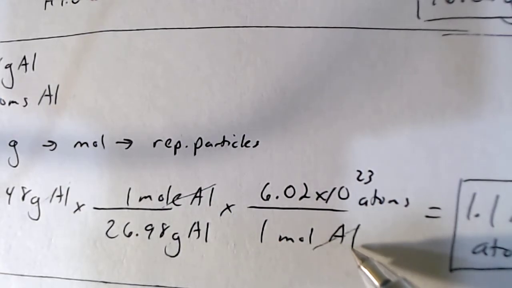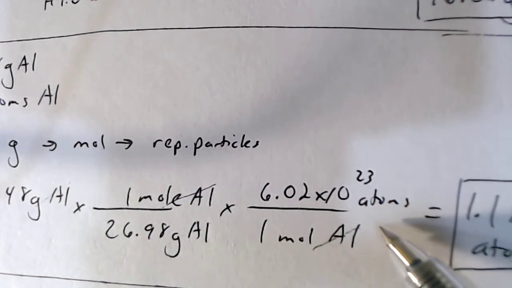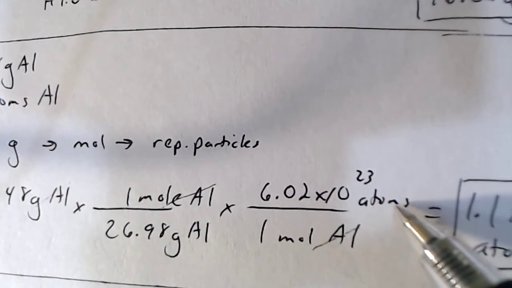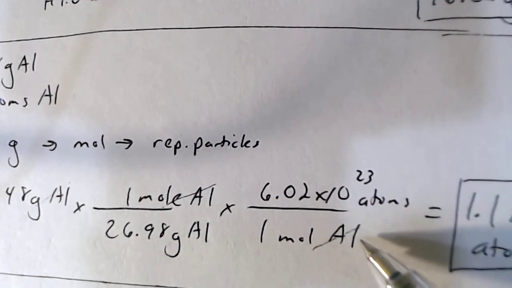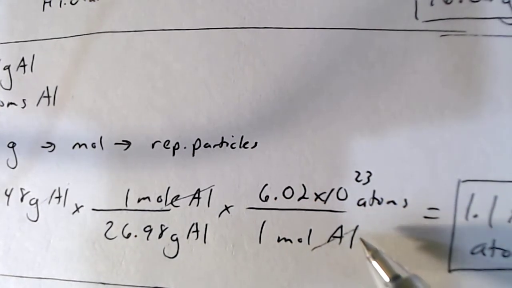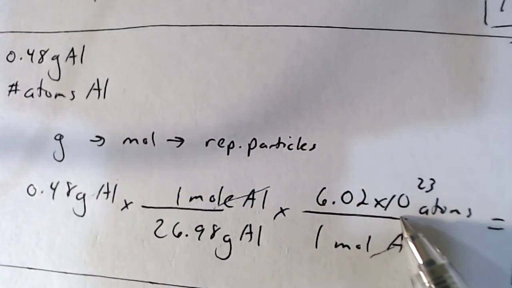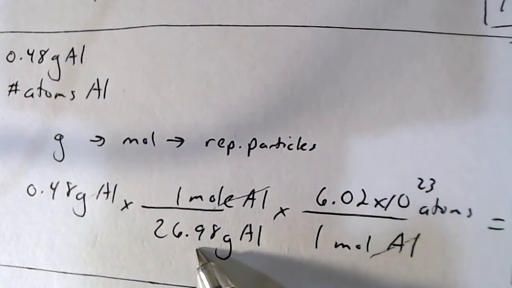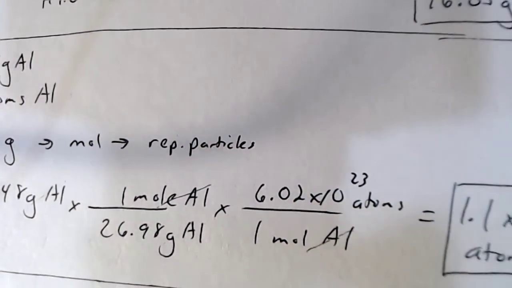If it's just a simple element that's not a diatomic element, which we'll get to later, then the representative particle is atoms. So there are 6.02 times 10 to the 23 atoms per mole. And so 0.48 times 6.02 times 10 to the 23 divided by 26.98 is 1.1 times 10 to the 22.